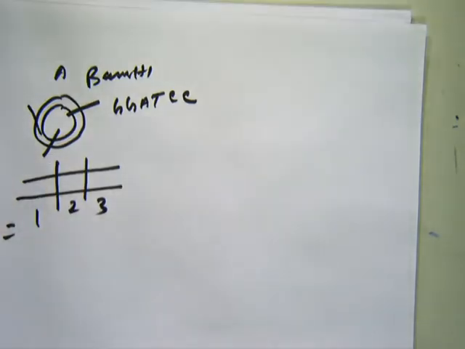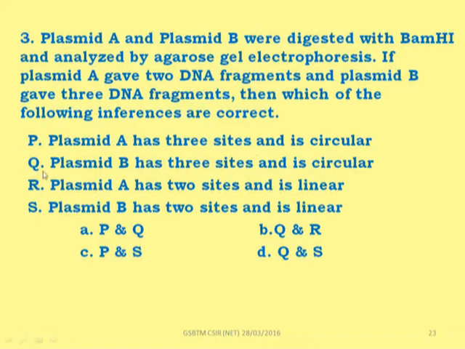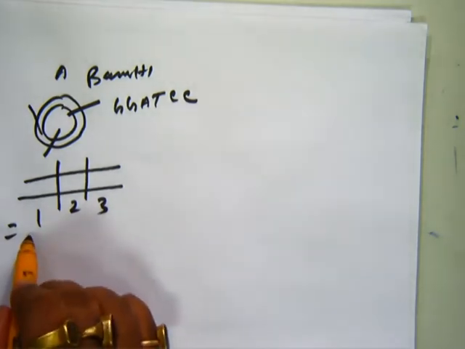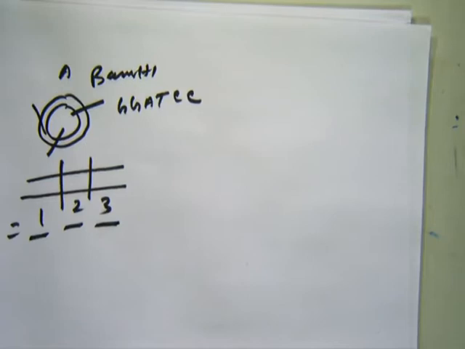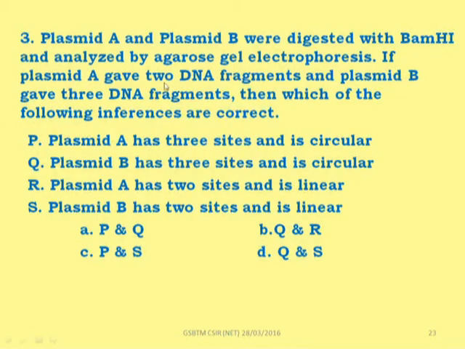It would generate 2 DNA fragments rather than 3. Second one, Q, plasmid B has 3 sites and is circular. This one is right because here 1, 2, 3 fragments will be generated, and therefore it gives 3 DNA fragments. So Q looks right.